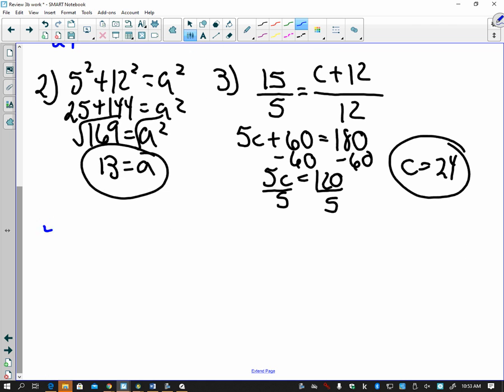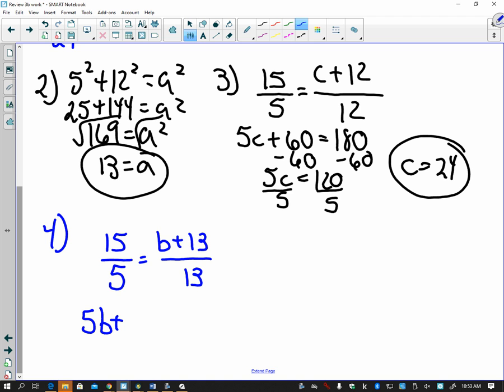So step 4, I'm going to keep 15 over 5. And that would be B plus 13 over 13. So now we have 5B plus 65 equals 15 times 13, 195.